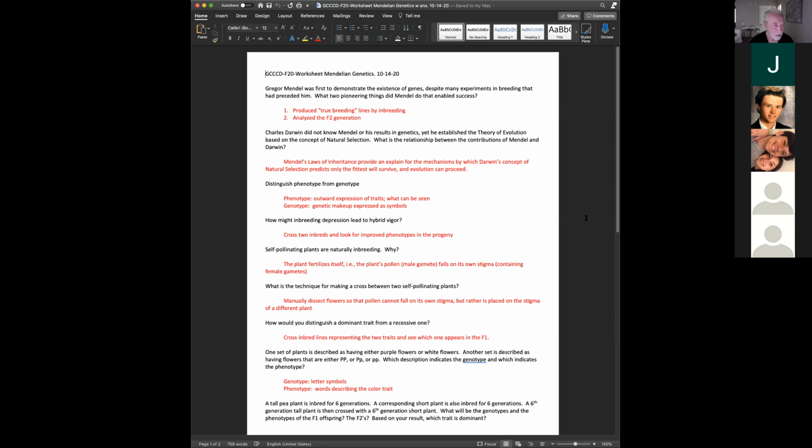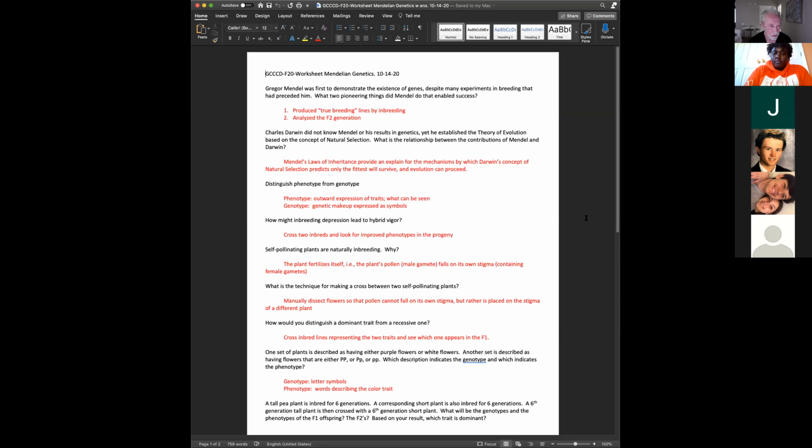The next one: Darwin didn't know Mendel or his results, and yet he established the theory of evolution based on natural selection. What's the relationship between the contributions of these two people? Well, Mendel's laws of inheritance provide an explanation for Darwin's concept of natural selection.